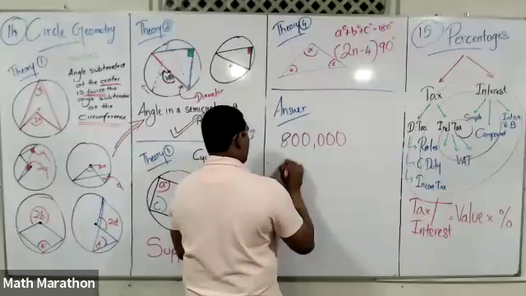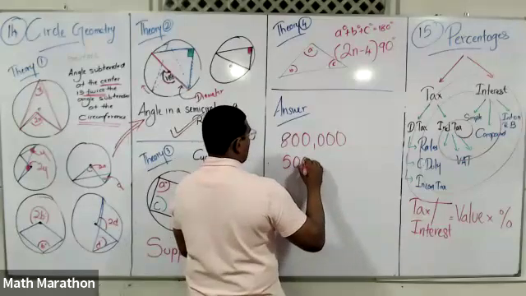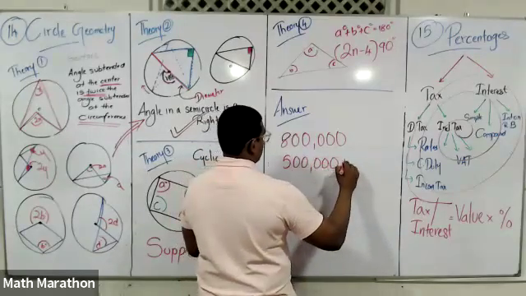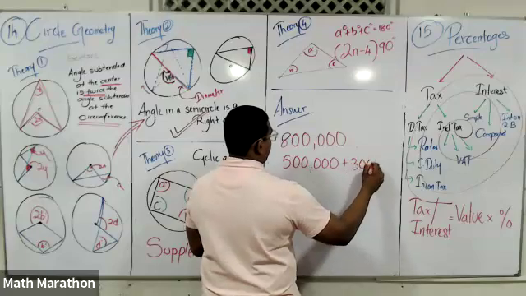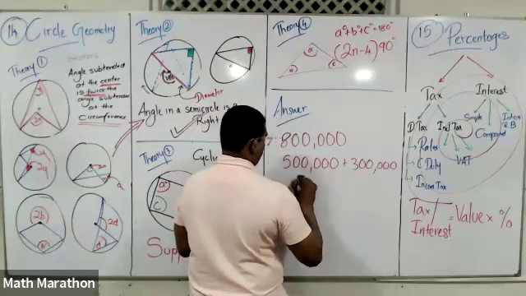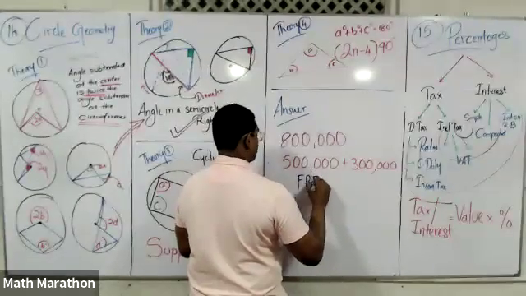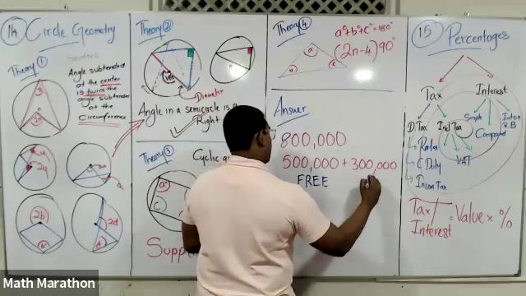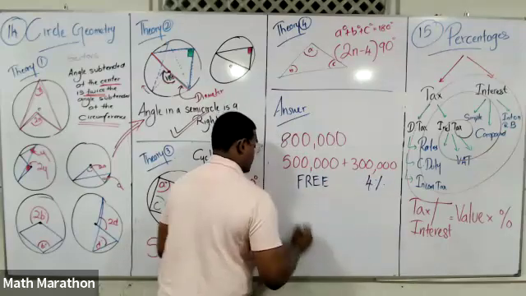Out of this 800,000, 500,000 is tax free. For the next 300,000 rupees, he has to pay a tax of 4%.